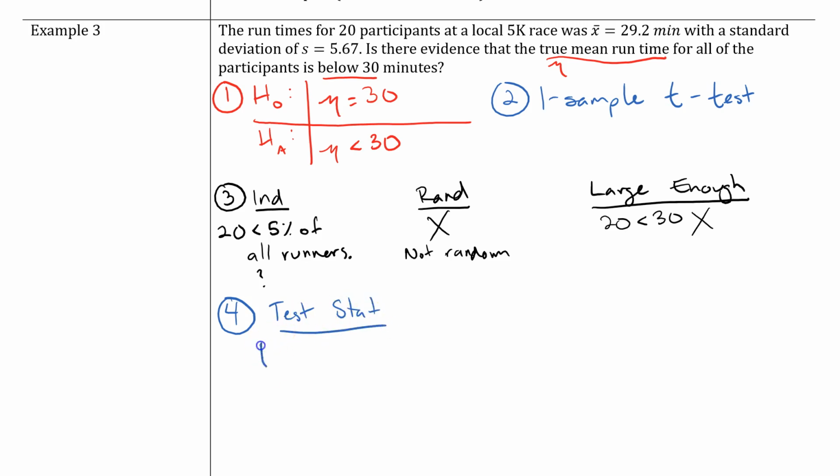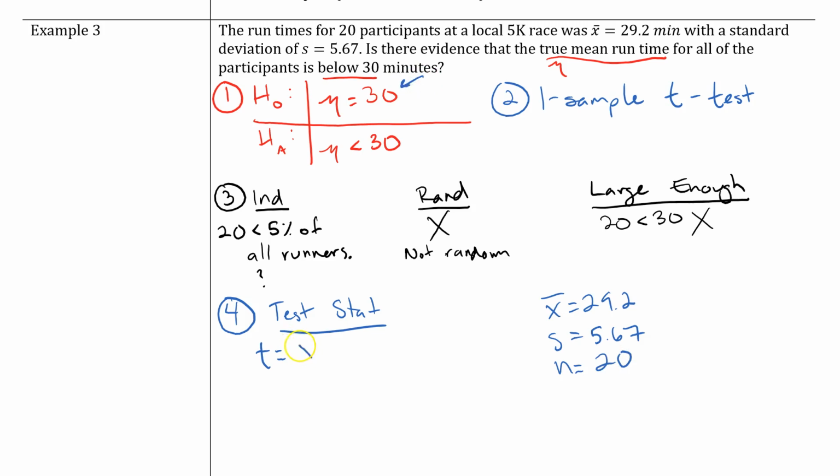So step 4 is we need to find our test statistic. Well, we just practiced that. Let's find all these pieces of information we need to use. So we have X bar is 29.2. S is 5.67. N was 20. And we also have our null hypothesis already written out here.